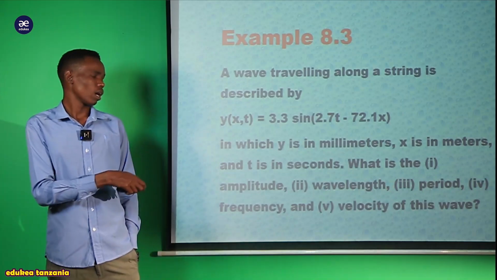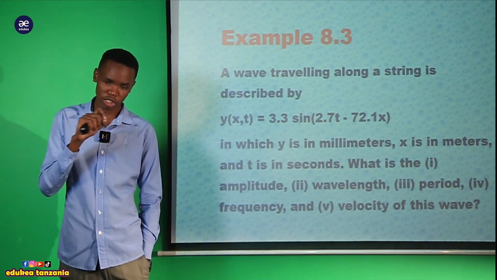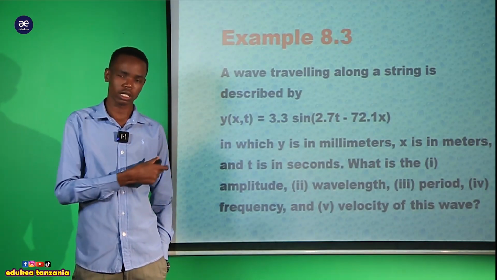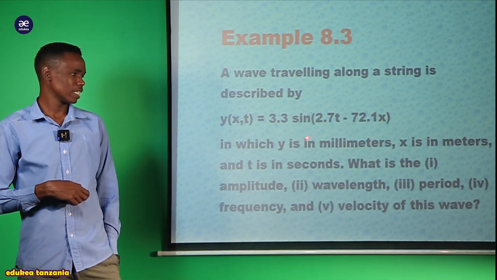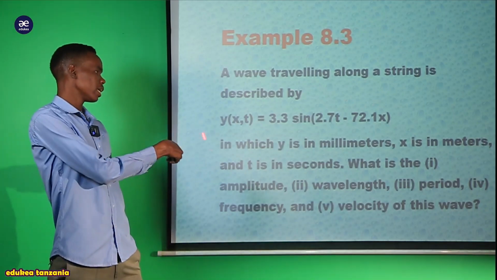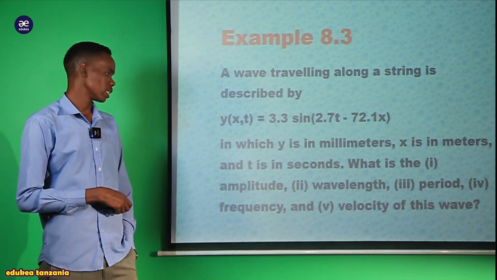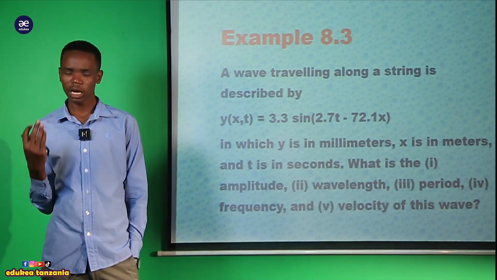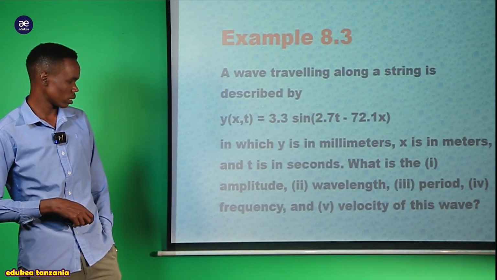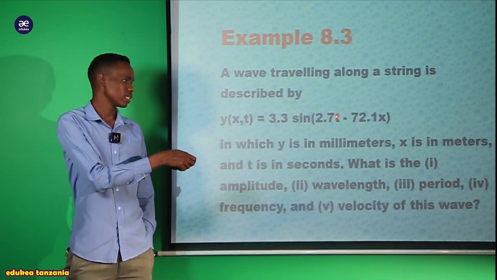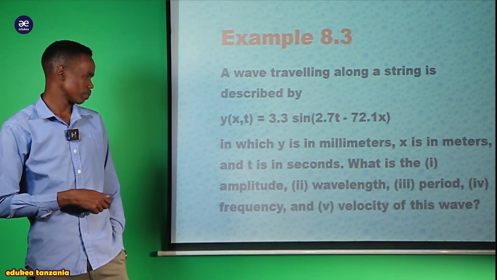This is the equation of the displacement that we have been given, in which y is in millimeters, x is in meters, and t is in seconds, my lovely students.